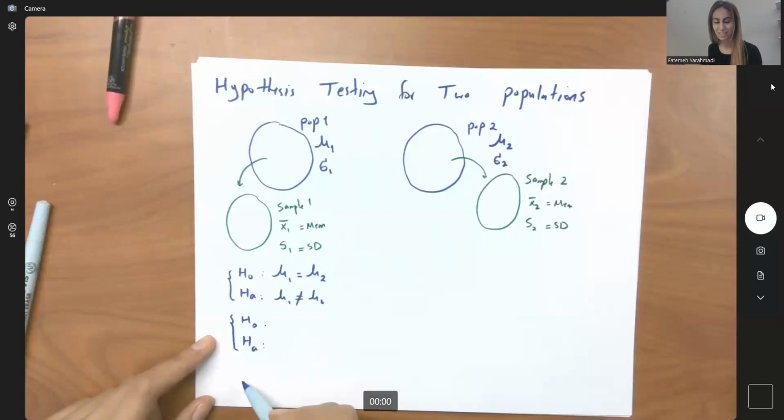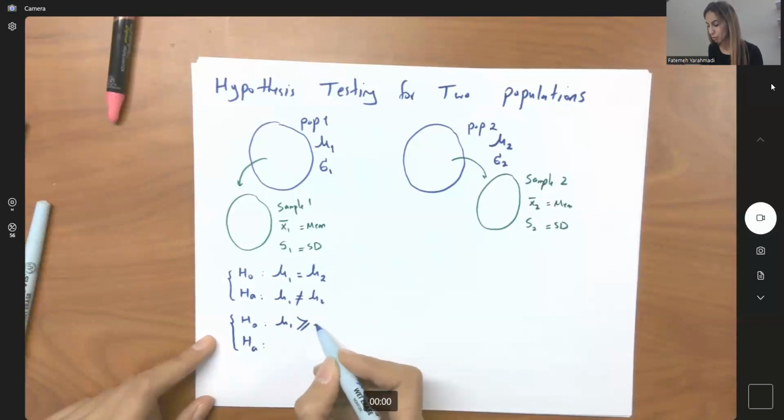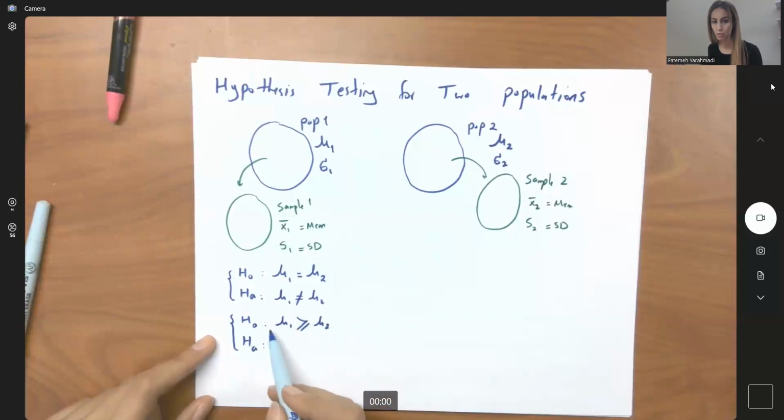The null hypothesis in the second case: mu1 is more than or equal to mu2, or the difference between mu1 and mu2 is more than or equal to 0. Its opposite, mu1 is less than mu2.